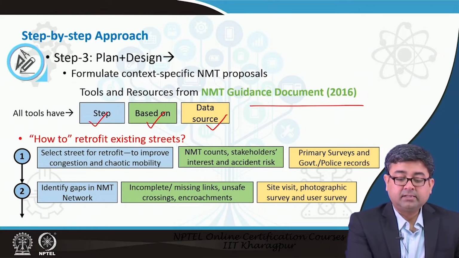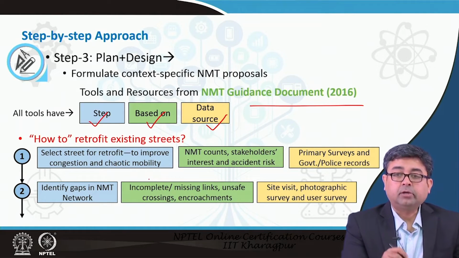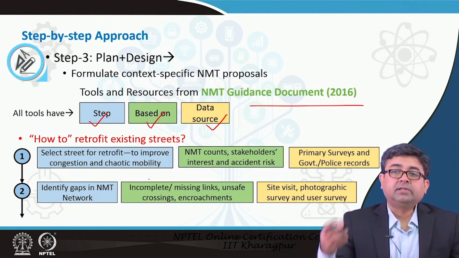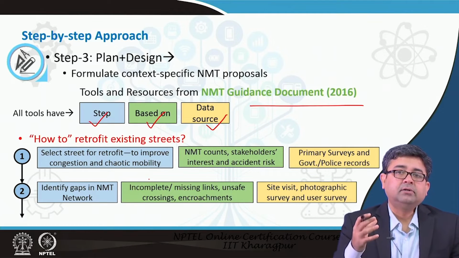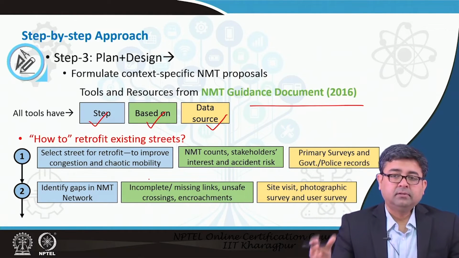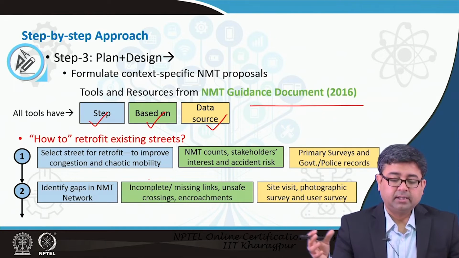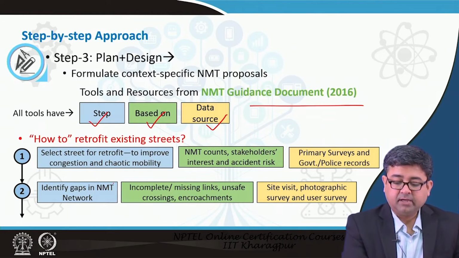First, you have to select the street which has to be retrofitted to improve congestion or chaotic mood. Selection of the street also needs some criteria. There are so many streets in our city, but we have identified this street to be retrofitted with a sidewalk or a cycle track. So, that street has to be identified.